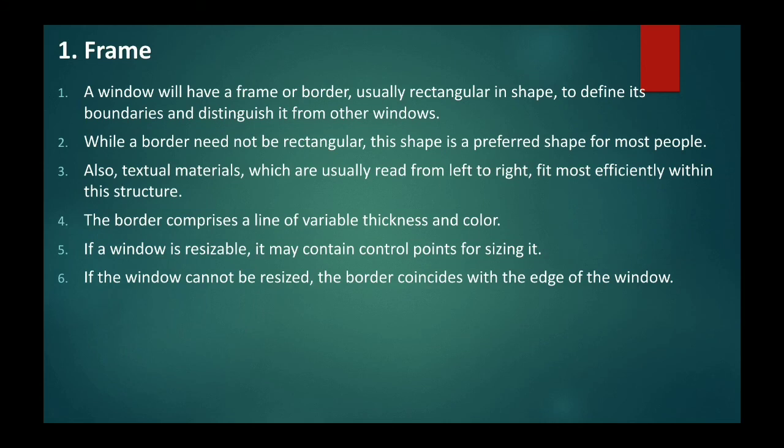If the window cannot be resized, the border coincides with the edge of the window. So this is all about the first component, the frame: basically the rectangular, well-thickened border of any window.